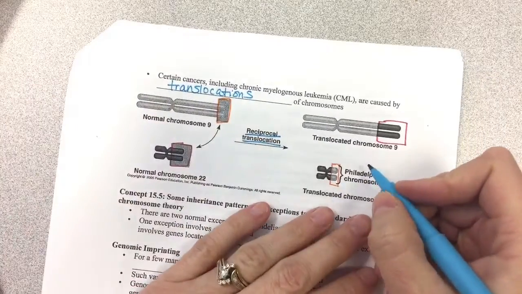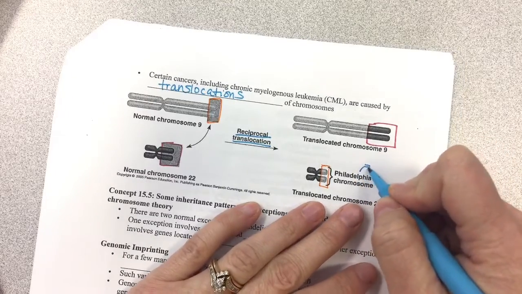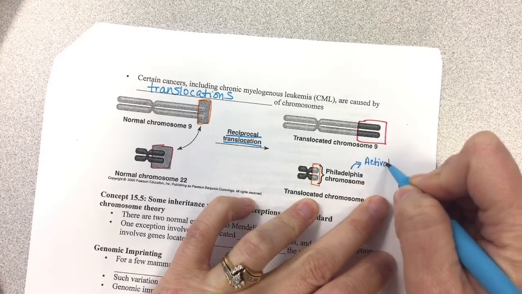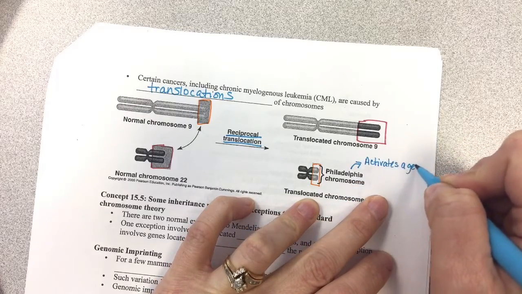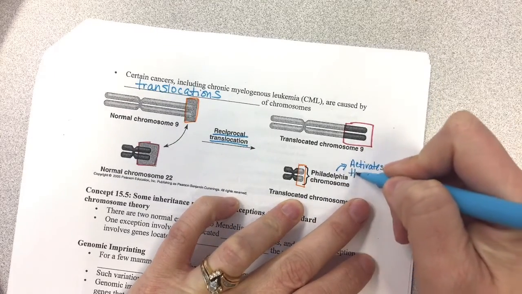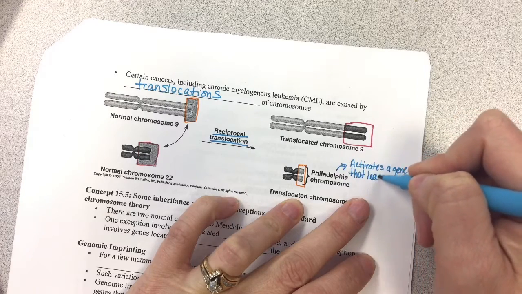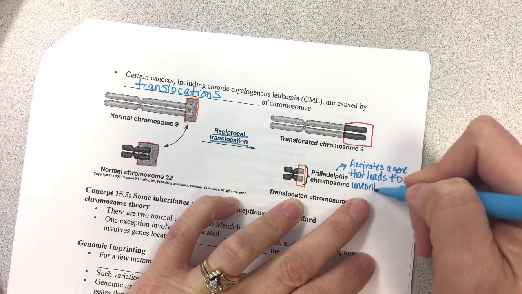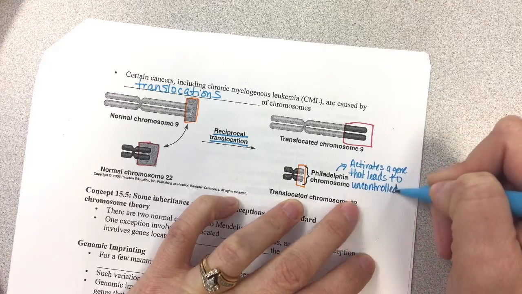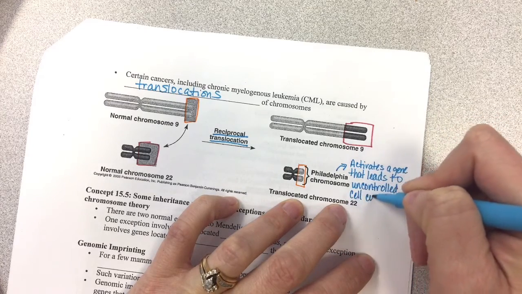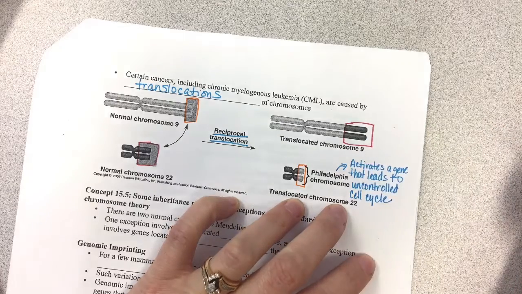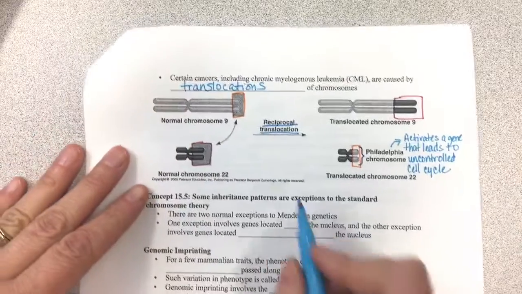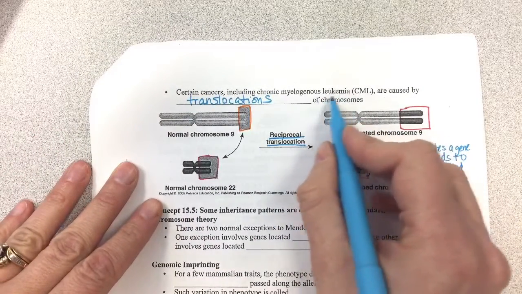Should put here a couple of things. This activates a gene that leads to uncontrolled cell cycle. And this is, like I said, a blood cancer.